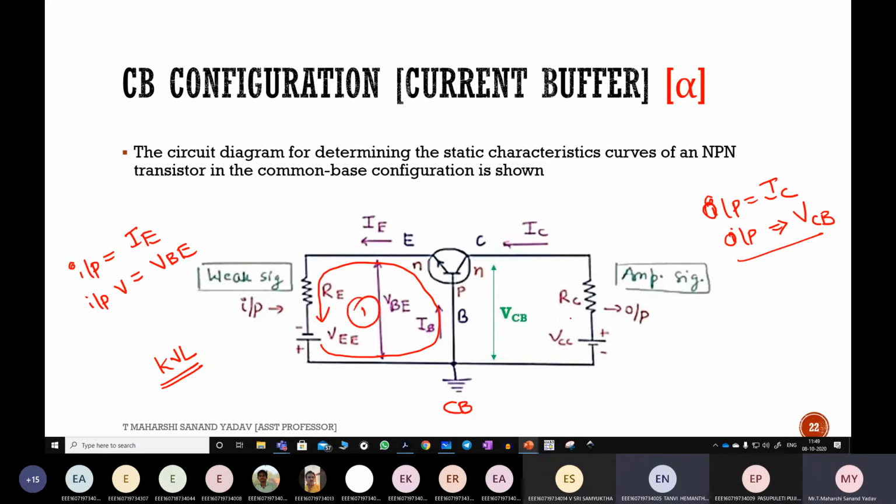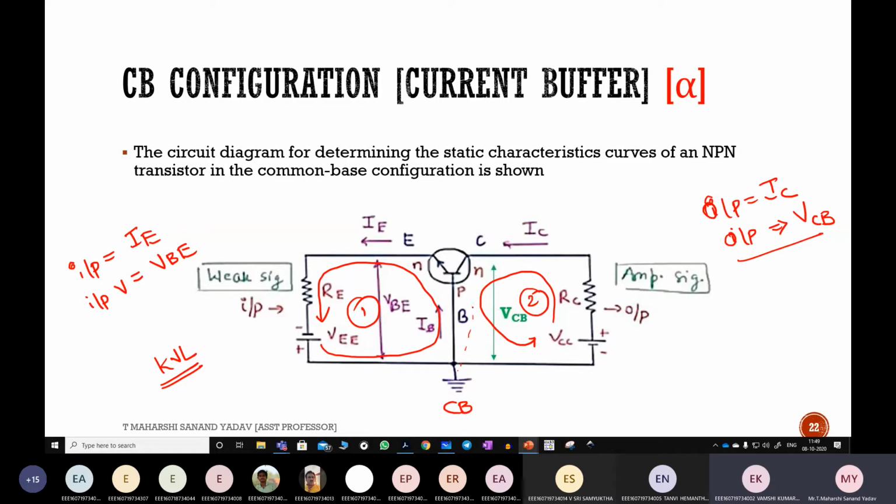And others, you try to solve the KVL within loop number 2 also.